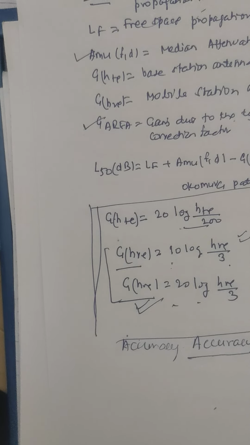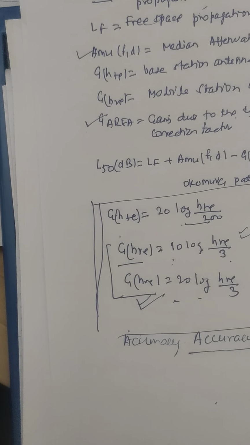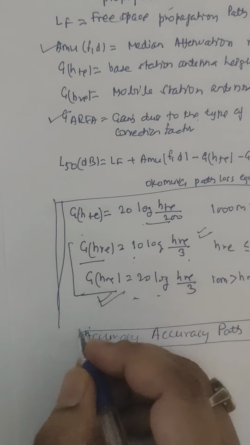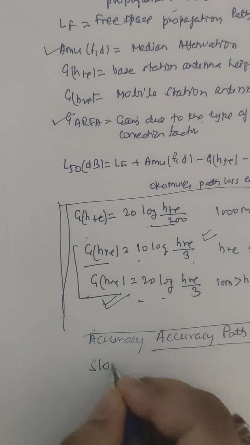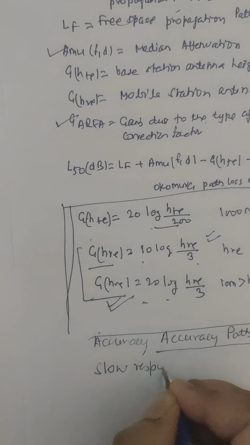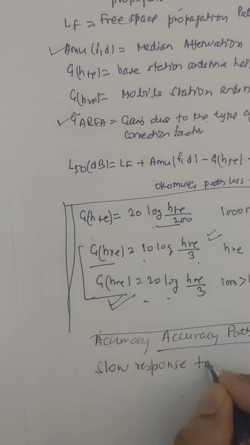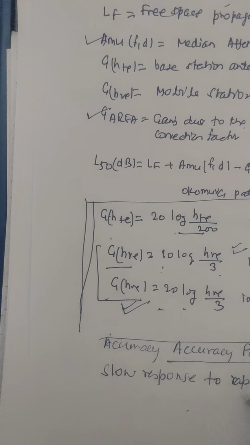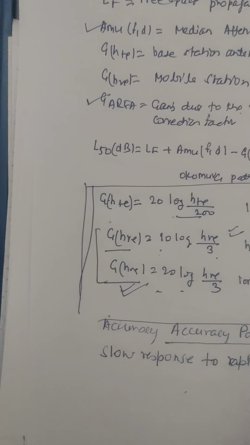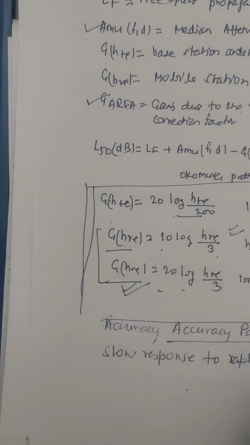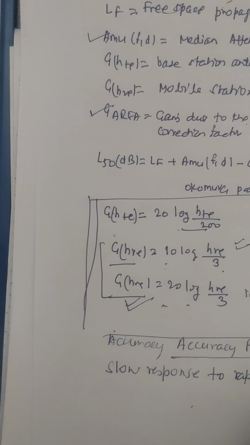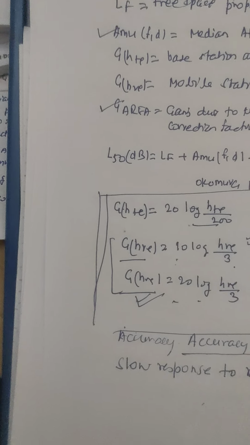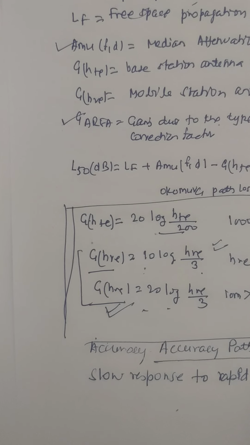There is one disadvantage of the Okumura model, which we consider a major disadvantage: the slow response to rapid changes in terrain.